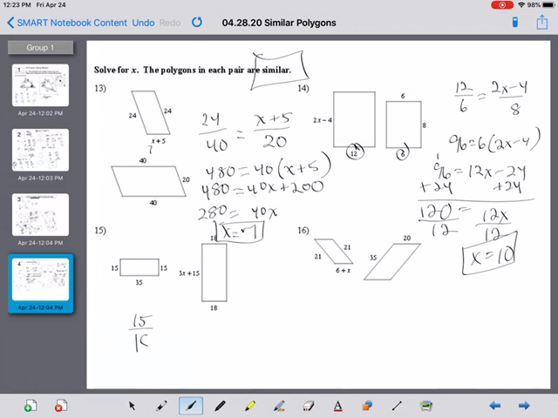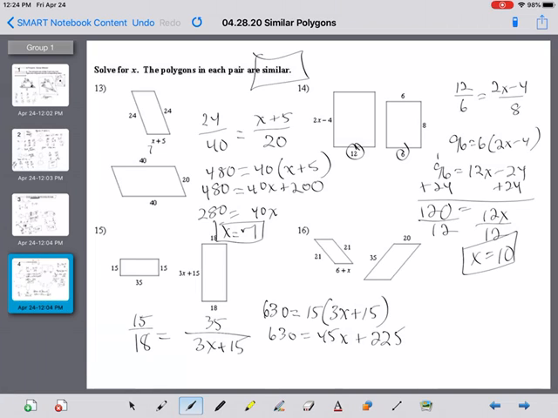Okay, well, let's see how to do this. So the 15 corresponds to the 18, and then the 35 corresponds to the 3x plus 15. Cross multiply. 18 times 35 is 630 equals 15 parentheses 3x plus 15.